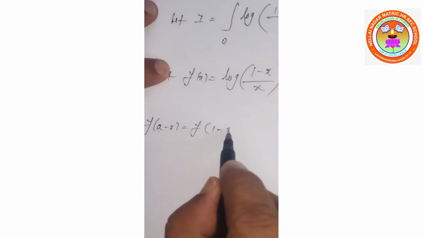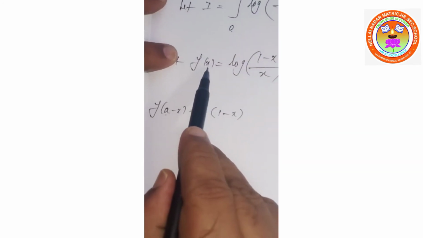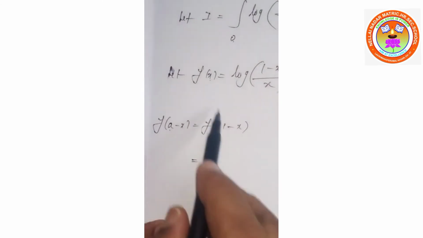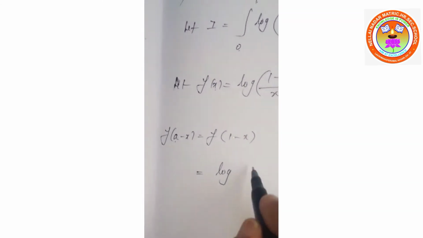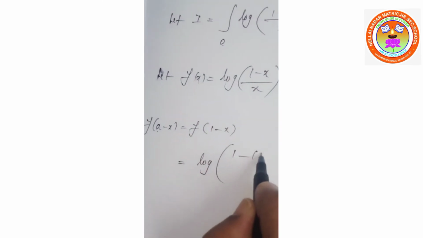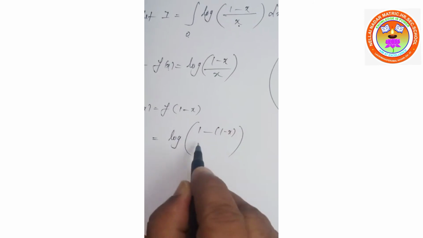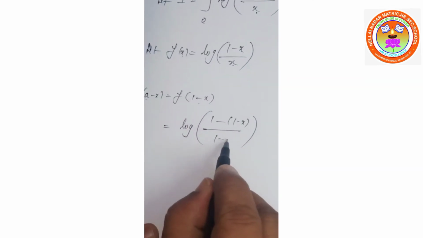So inside the brackets, x has to be replaced by 1 minus x. Log of (1 minus (1 minus x)) divided by (1 minus x).